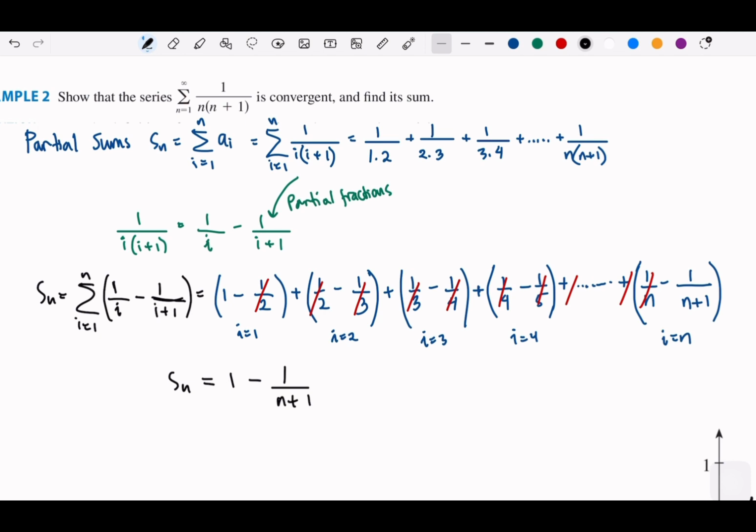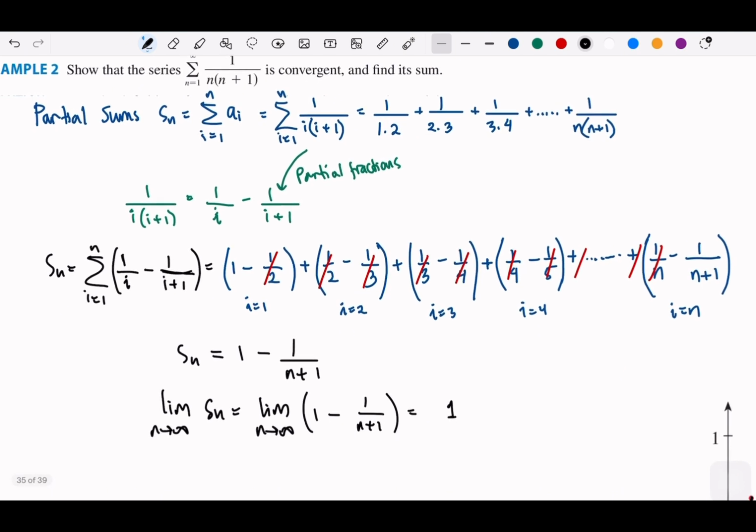And how about whether it's converged or not? Then we take the limit of this Sn. So we take the limit of Sn as n approaching infinity, and we get that this will be 1, right? Since the limit of 1 over n plus 1 will be 0.